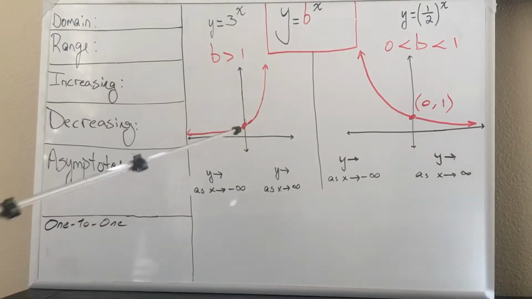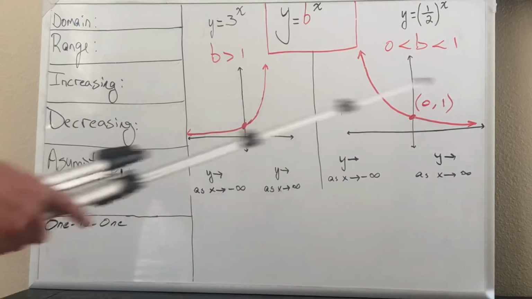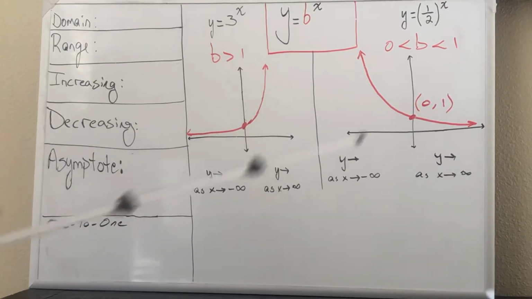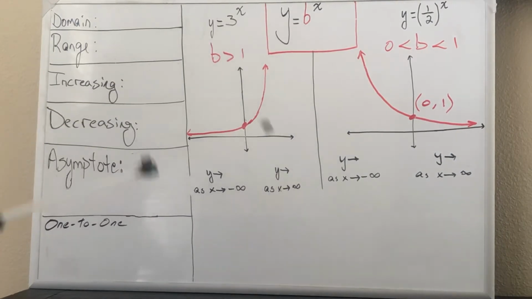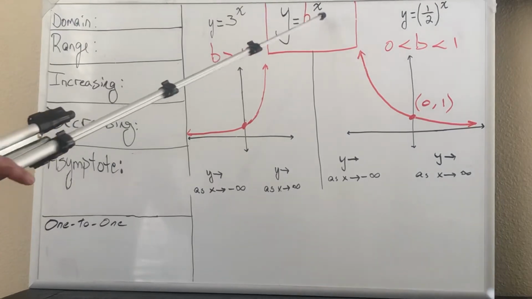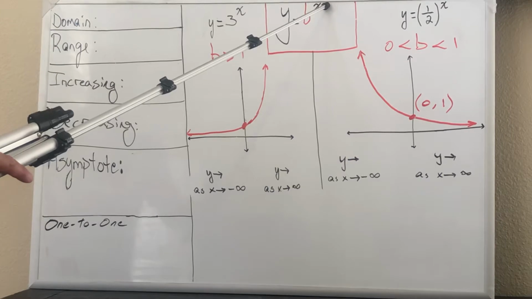What's common is that both graphs cover the entire x-axis as we go from left to right. That means that the domain of an exponential function is all real numbers. Again, that means that you can use any input you like as x.